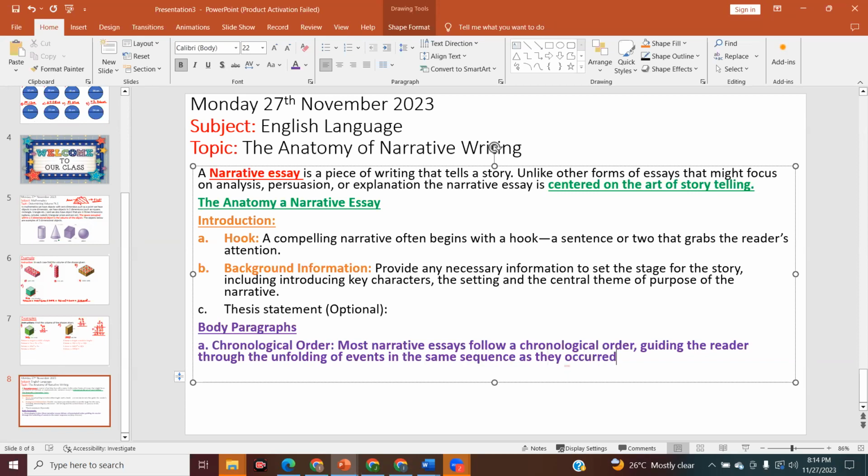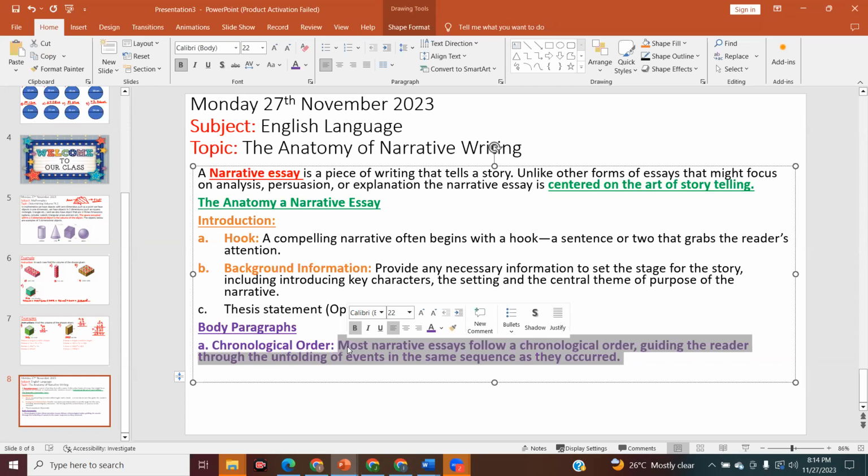So that's what we mean by chronological order. So following the sequence of events based on how it actually happened. That's what we mean by chronological order.